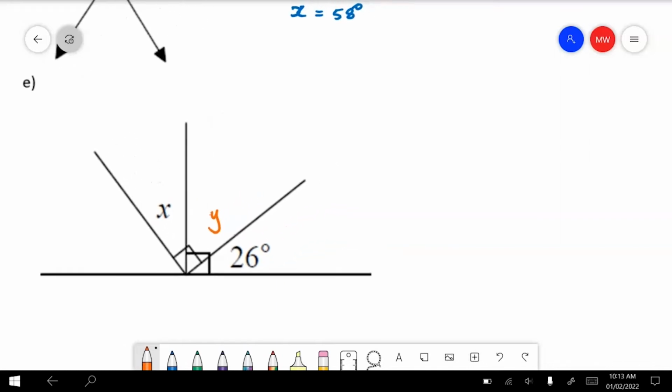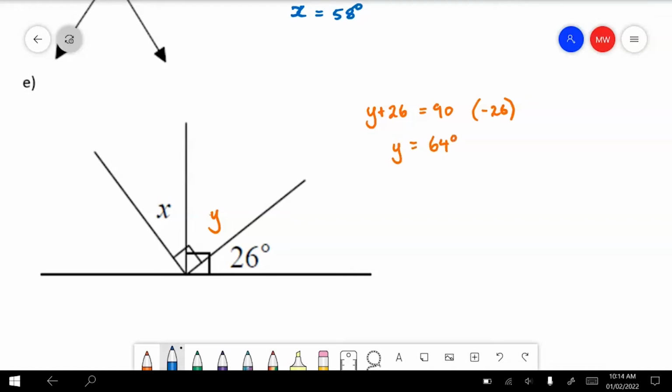Again, there's probably a couple of ways of doing this. This is the first one that's jumped out at me. So I know that y plus 26 is going to give me 90, because of complementary angles, they add to give me 90 degrees. I'll take 26 from both sides, and I'll find that y is equal to 64 degrees.